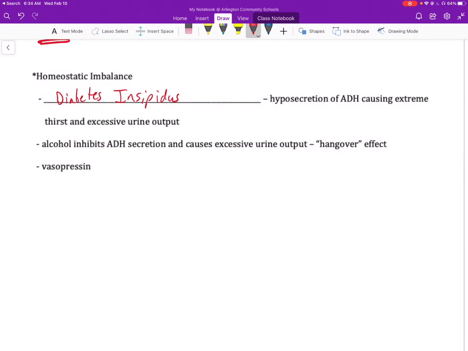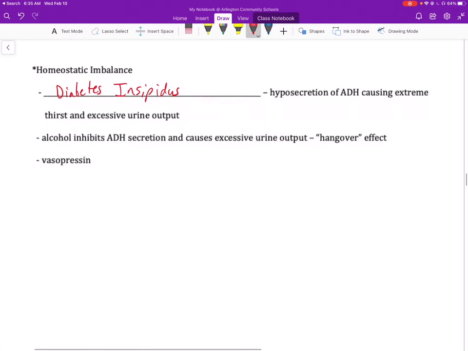Our homeostatic imbalance is diabetes insipidus, which is a hyposecretion of ADH causing extreme thirst and excessive urine output. Alcohol also inhibits ADH secretion, which causes excessive urine output, the hangover effect. This also occurs, or the reason for it is vasopressin, or the constriction of the blood vessels.